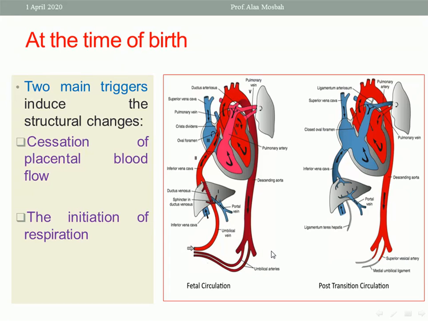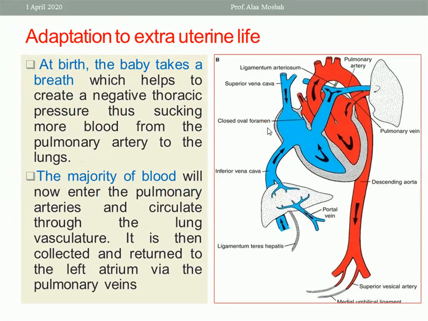The other reason which will make the structural changes is the initiation of respiration. The lungs will take over their job as the source of respiration and oxygen delivery to the fetus in place of the placenta. So these are the two main changes that happen at birth and cause structural changes in the fetus.